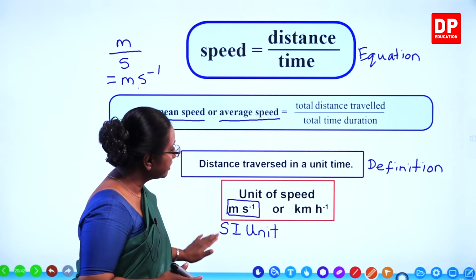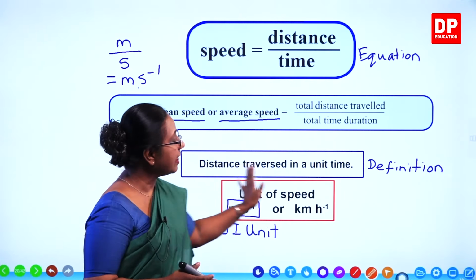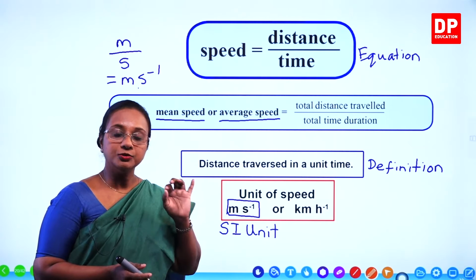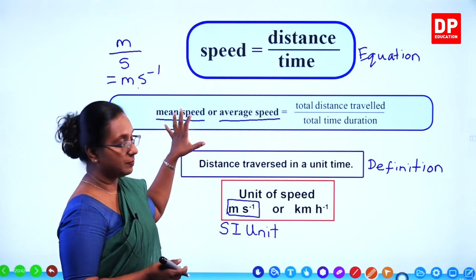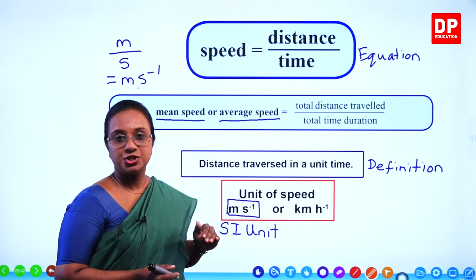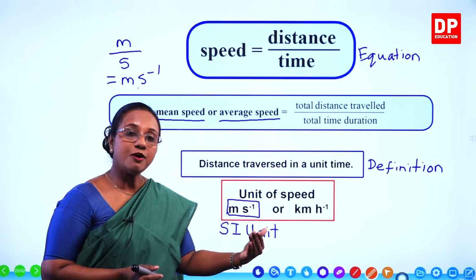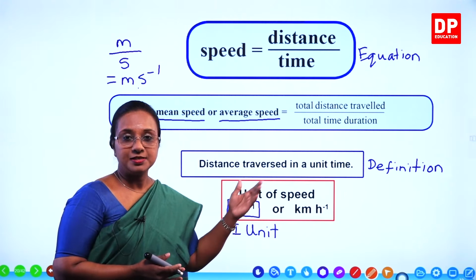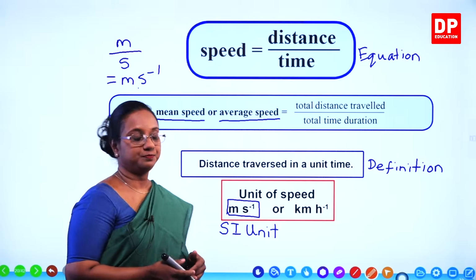So these are the equations and the definition for speed. I hope you all got a good understanding of what speed is so that we can apply this equation to calculate the speed of objects in the questions or examples coming hereafter.